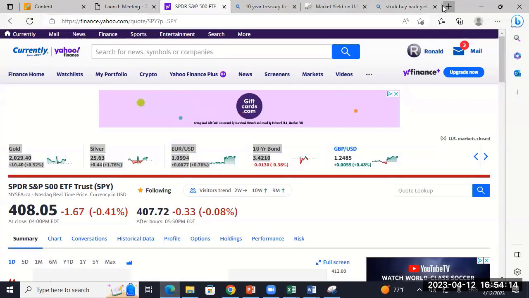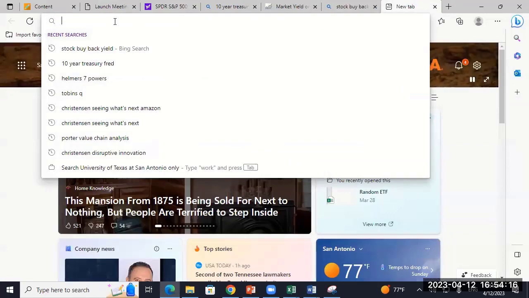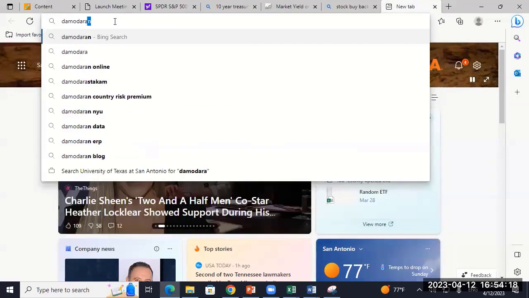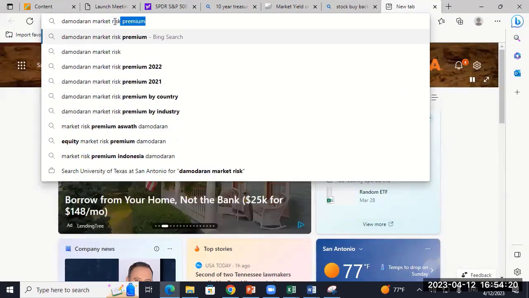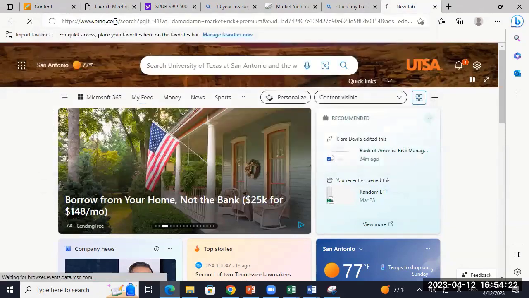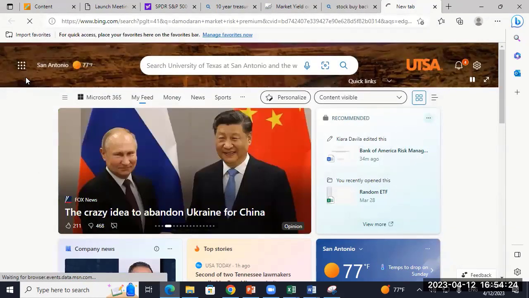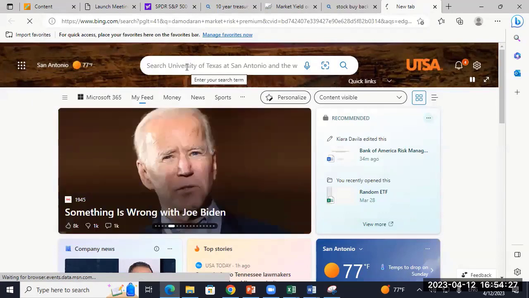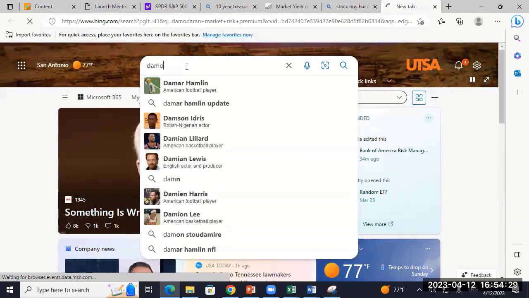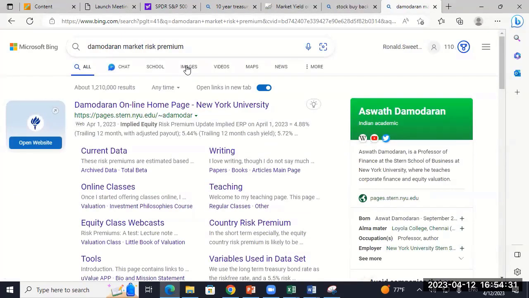If you want to confirm, if you want to add more to your paper, you can look up Damodaran's market risk premium. He's the guru on this, and you can certainly find his stuff. It's Damodaran, just like it sounds.